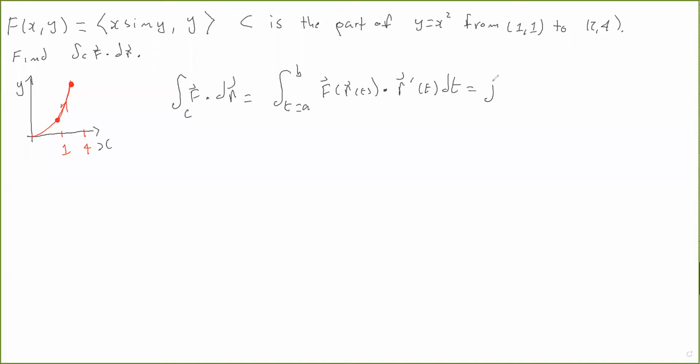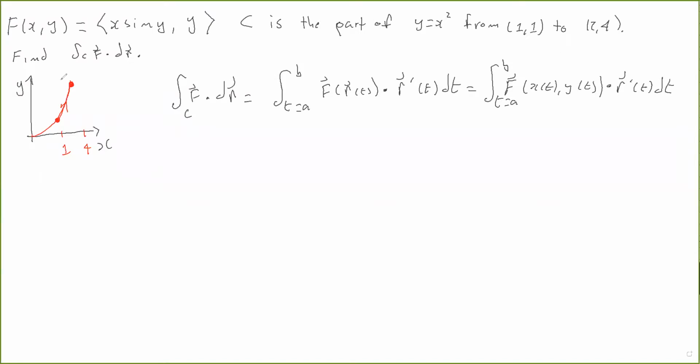Another way to write this is the integral from t equals a to b of F of x of t, y of t, dotted with r prime of t dt.